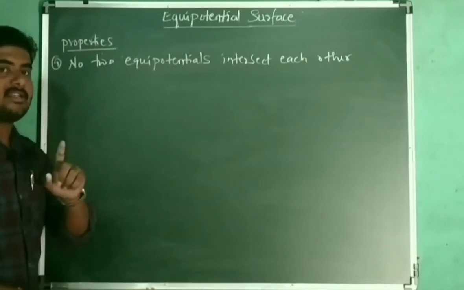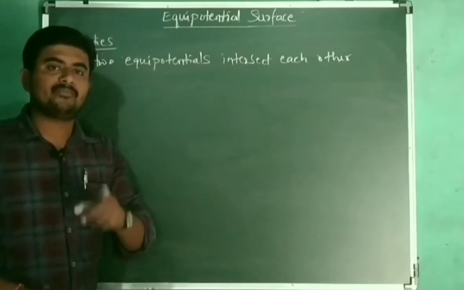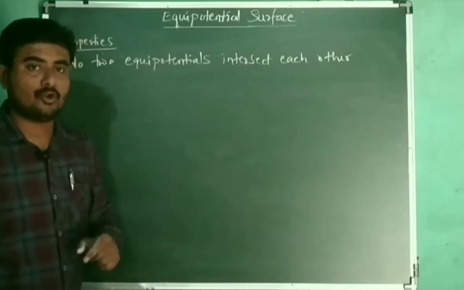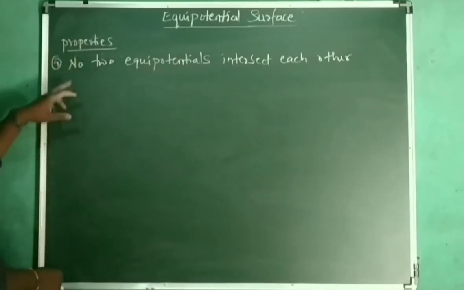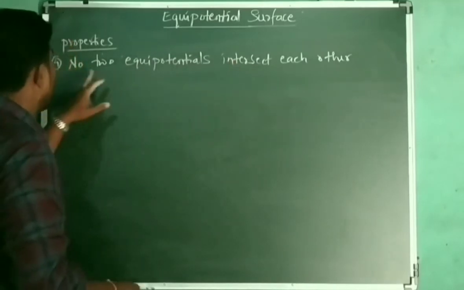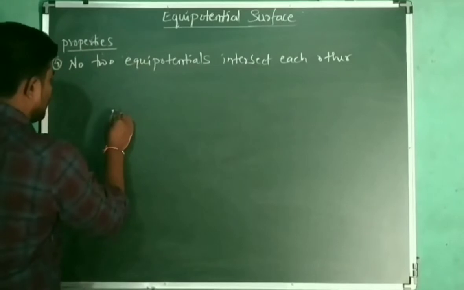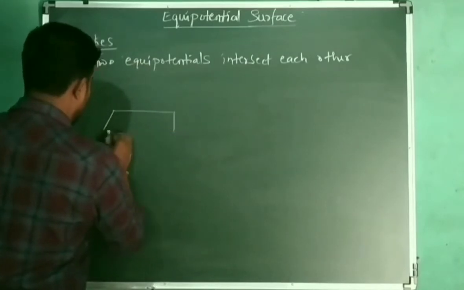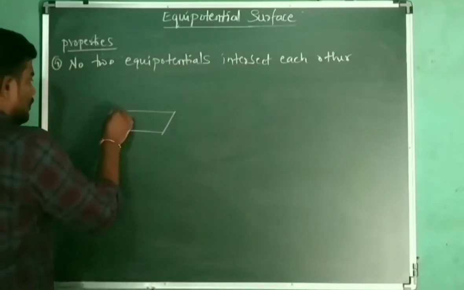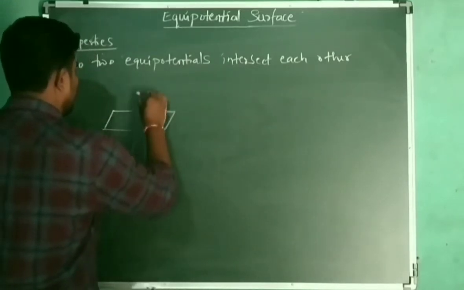Two electric field lines never intersect each other. The reason is, if they do so, then at a single point the electric field will have two directions, which is not possible. In the same way, two equipotential surfaces will also never intersect each other. For example, consider this as one equipotential surface, and one more equipotential surface like this.